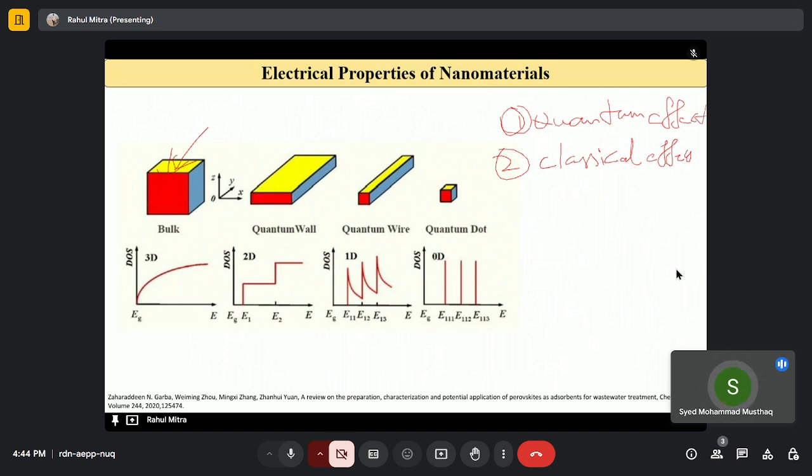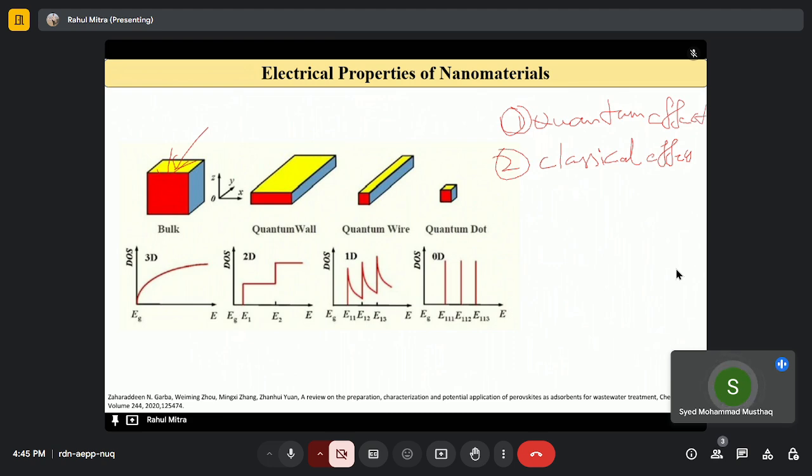However, as the system length scale is reduced, like one of the dimensions is reduced from 1 mm to a few nanometers, less than 100 nanometers, then the system is reduced to the nanoscale. Two effects come into the picture. One is a quantum effect, where due to electron confinement, the energy bands are replaced by discrete energy states.